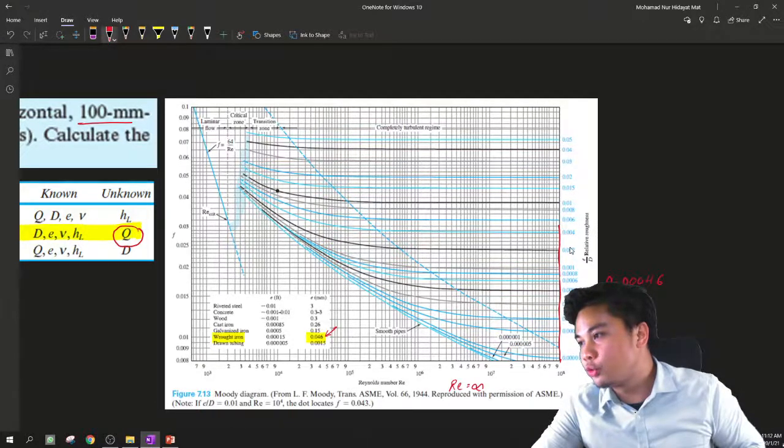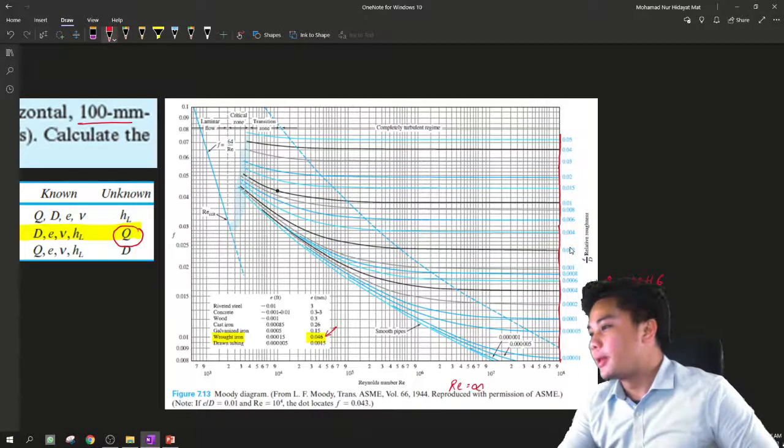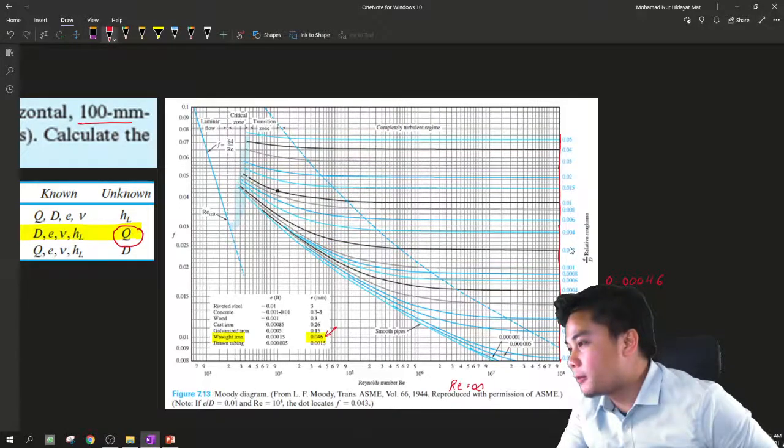Now find the relative roughness 0.00046.